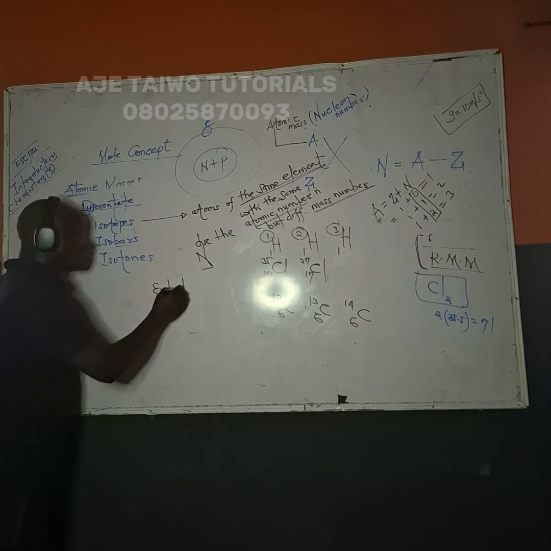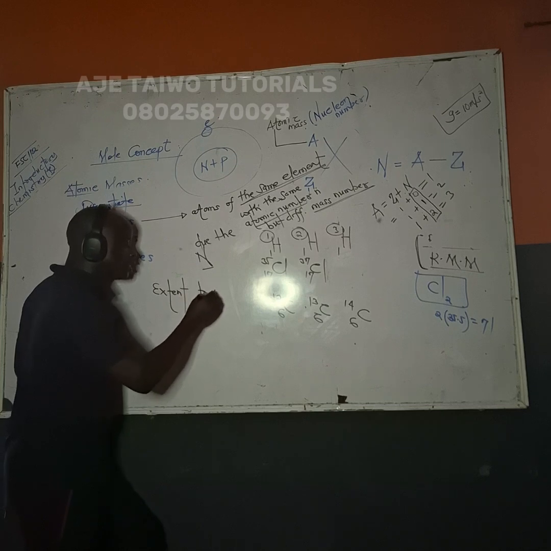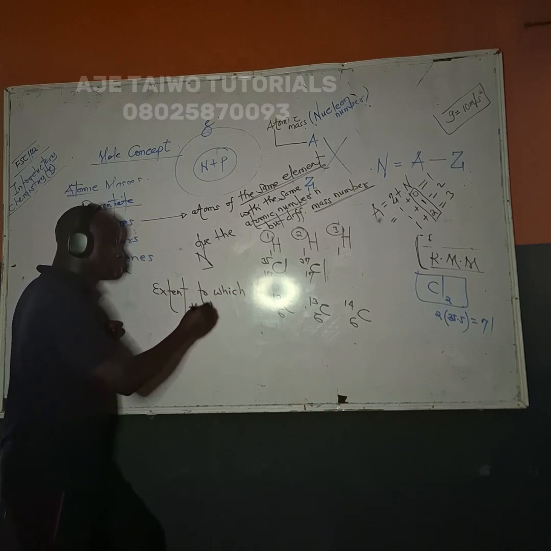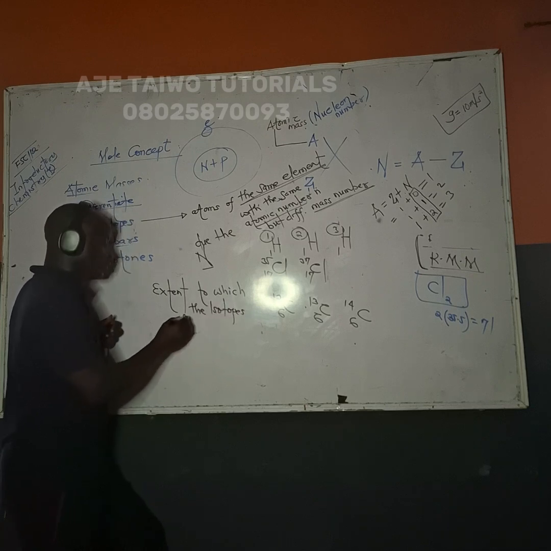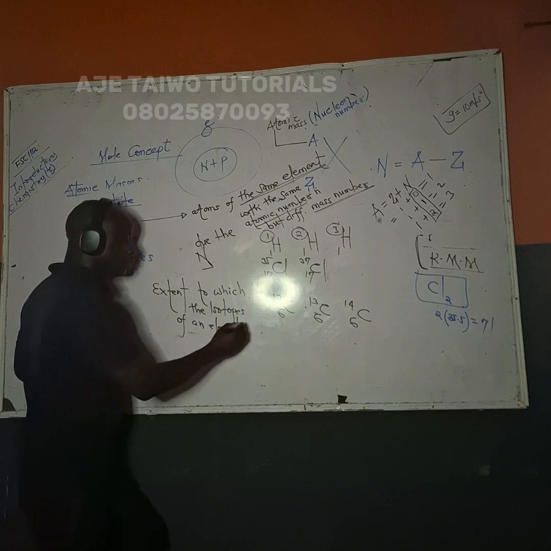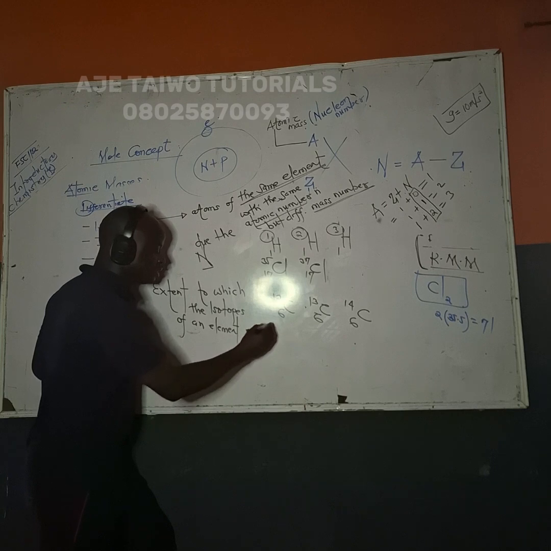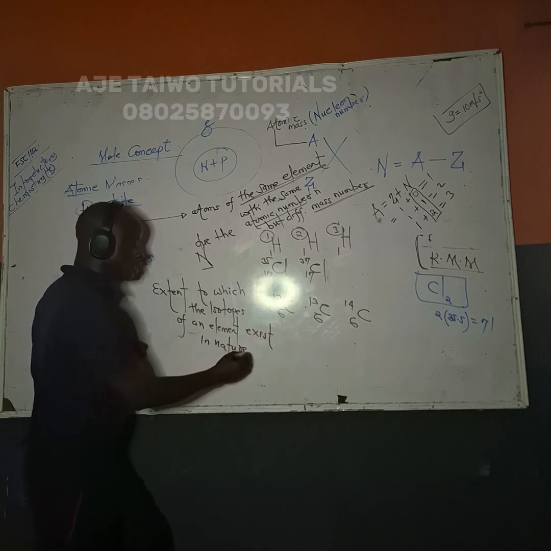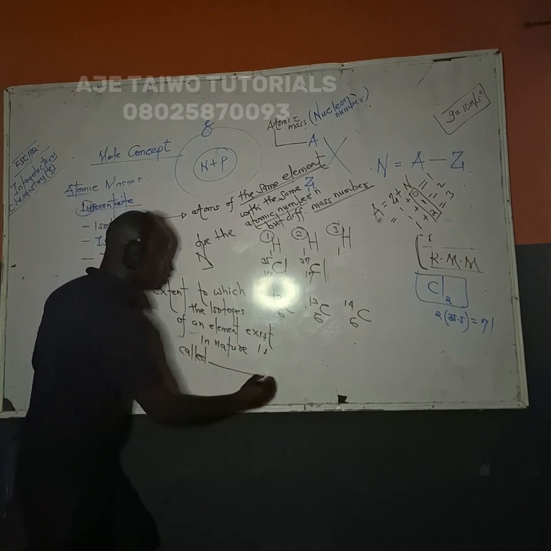Right, write it down. The extent to which the isotopes of an element exist in nature is called dash.